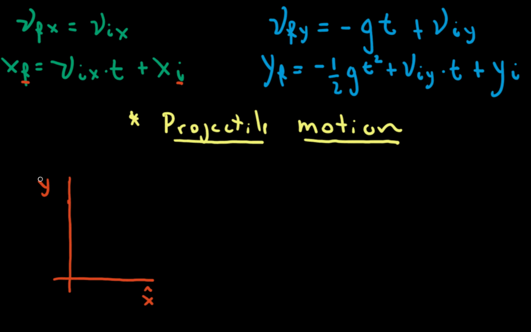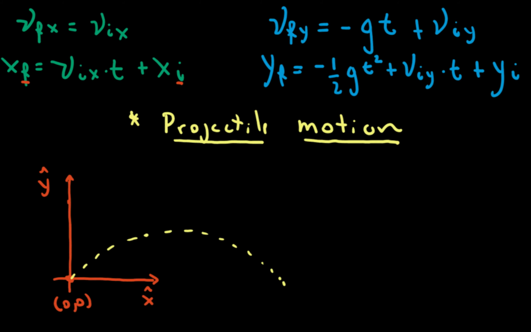Usually it's going to be x and y in this case for projectile motion. Wherever they intercept, that's going to be your 0, 0, meaning x and y is 0 over here. Just like in math class, this is just a regular Cartesian coordinate system. The projectile motion happens all of this, right?